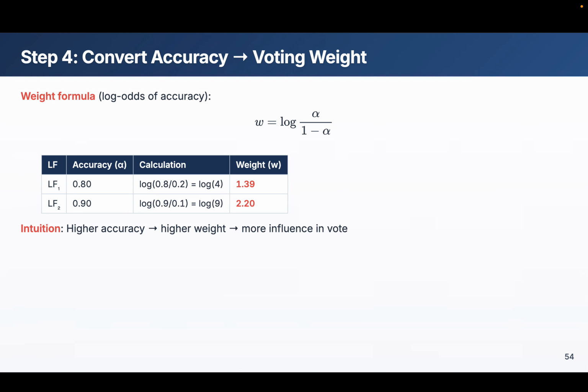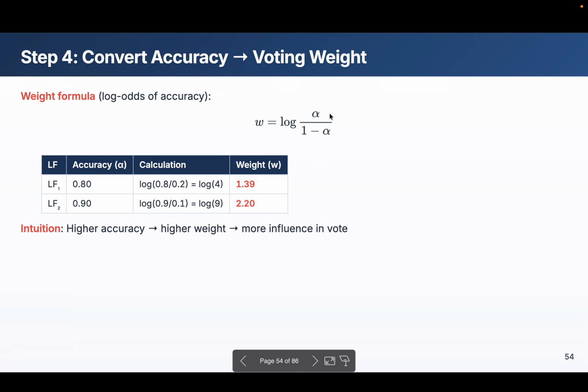Okay. Now, once we have got these alpha values, we still do not have a way to predict the labels. We need to do something more. We compute something known as the log odds of accuracy, which is W equal to log of alpha over 1 minus alpha. So, if this was 0.8, then my weight will turn out to be 1.39, and if it were 0.9, my weight will turn out to be 2.2.